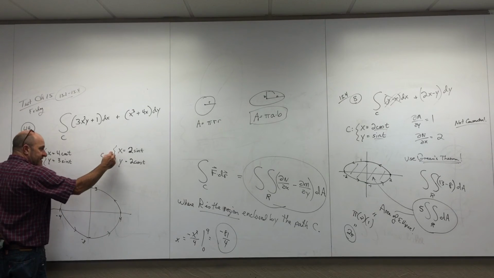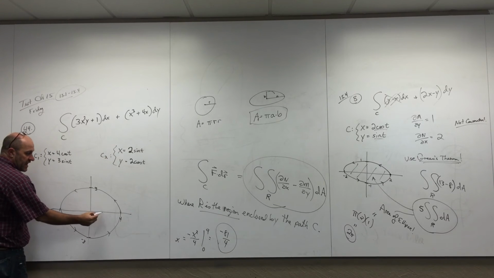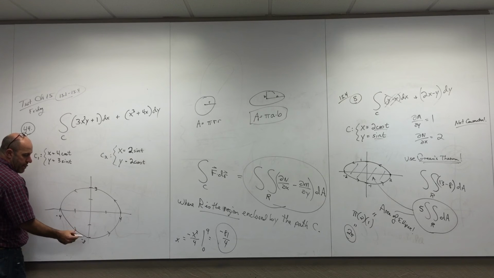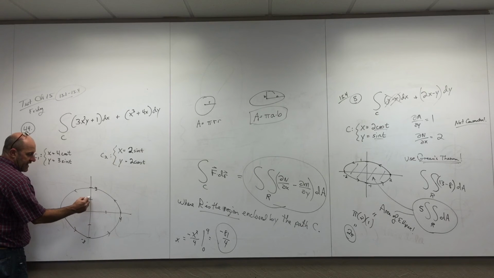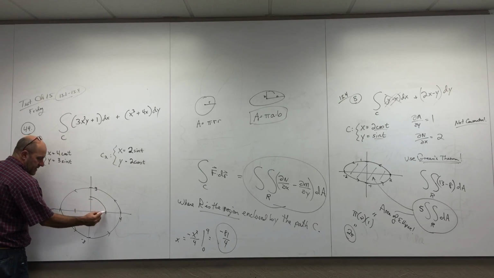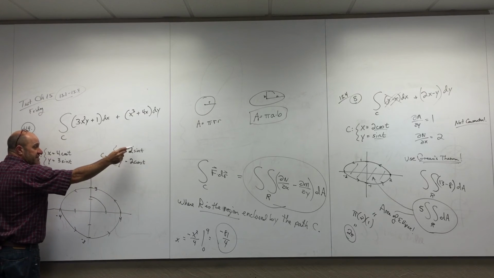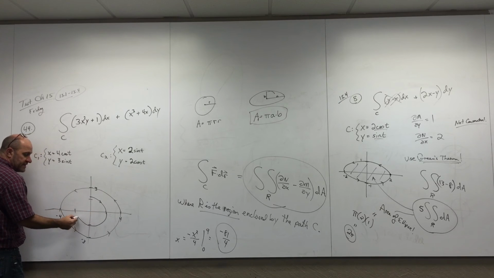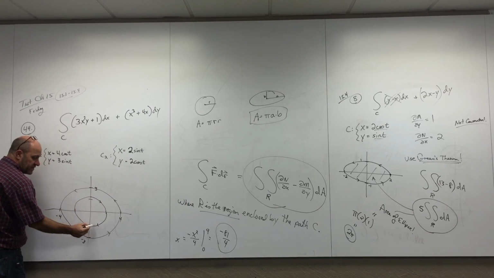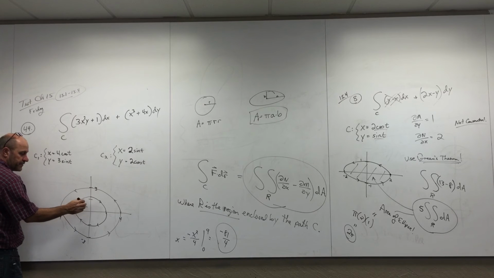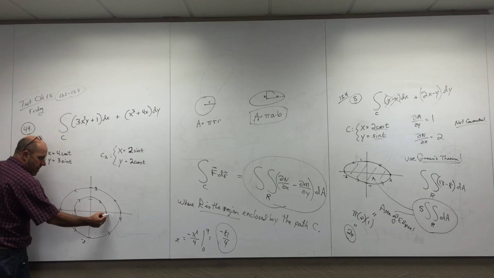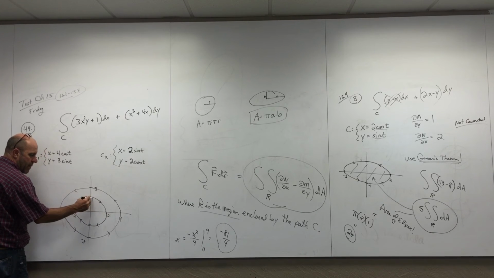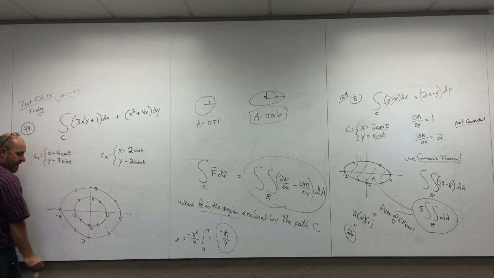Now look at this guy. This is a whole different dude. This is a radius 2 circle. Not only that, but I put the sine and the cosine opposite, so I want it going the other way. It's going clockwise.